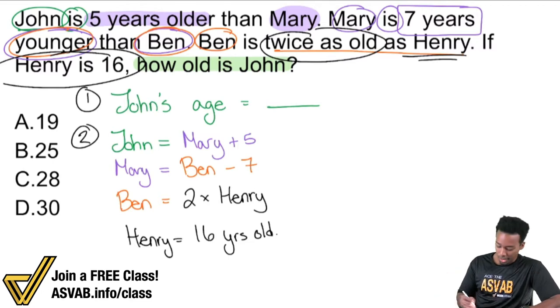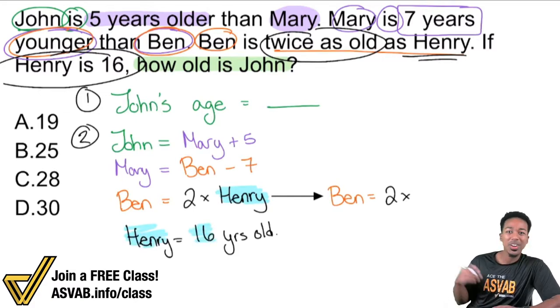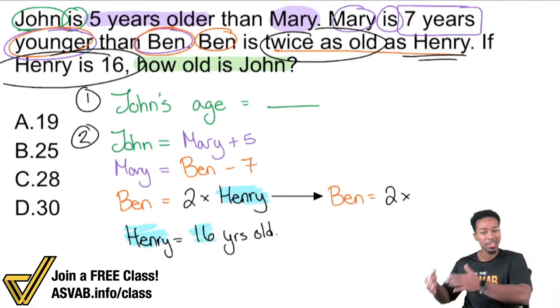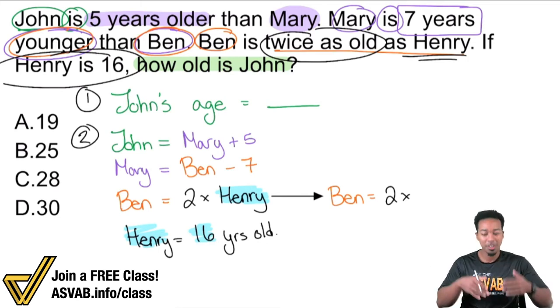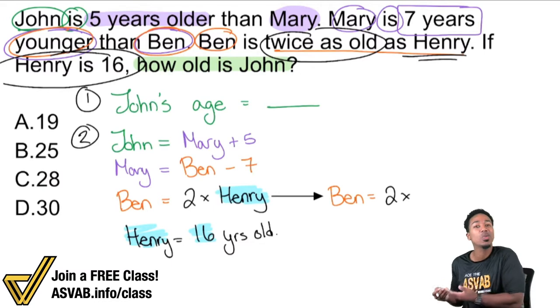Because now that we know that Henry is 16, watch this. I'm going to plug this in. Ben equals double Henry's age, 2 times Henry. Henry is 16. So all I have to do is plug back in, from Henry to Ben, from Ben to Mary, from Mary to John. That's a little bit of work, but it will work.